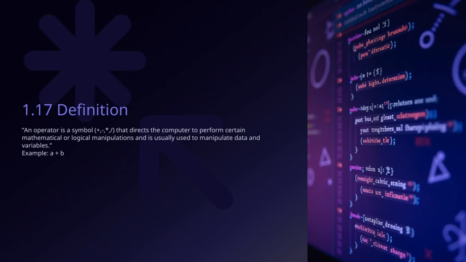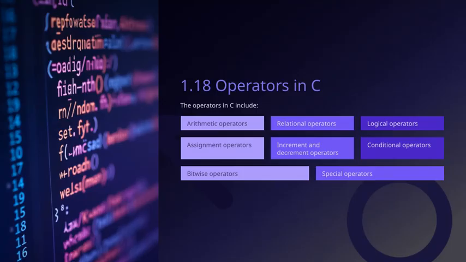Let's take a closer look at the operators in C. These are essential tools that allow us to perform various operations within our programs. First up are the arithmetic operators, which include addition, subtraction, multiplication, division, and modulus. These are fundamental for calculations.